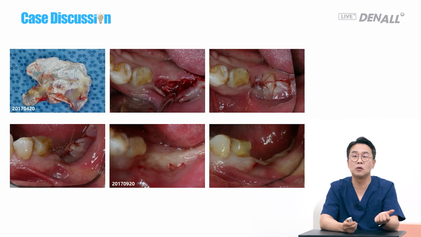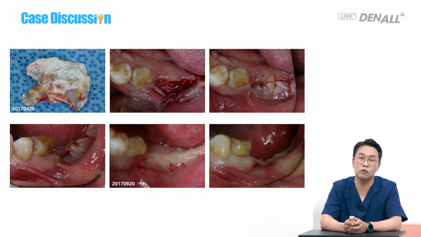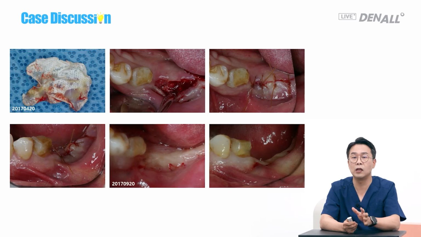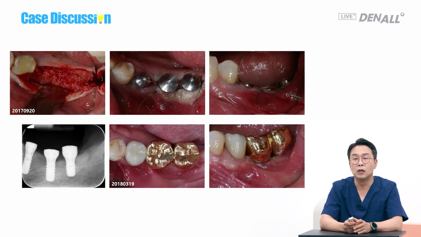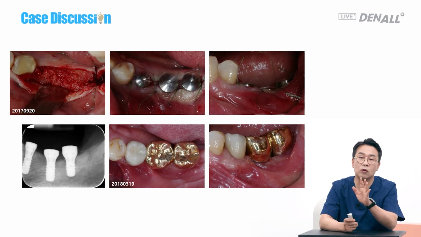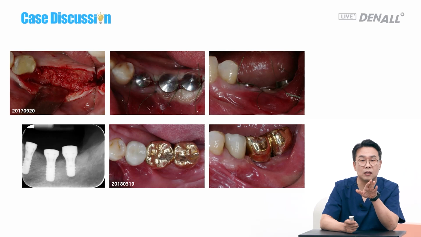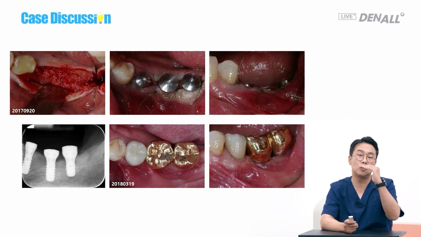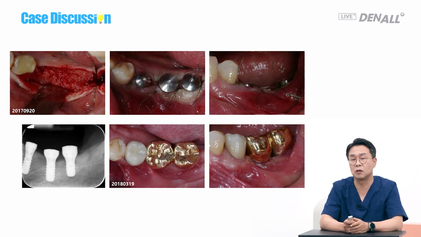So after some weeks, it's contaminated and removed. It's naturally healed after that. The mesial tooth was hopeless, so it looks like it is maintained, but not as much as I wanted. Maybe it was due to the membrane.